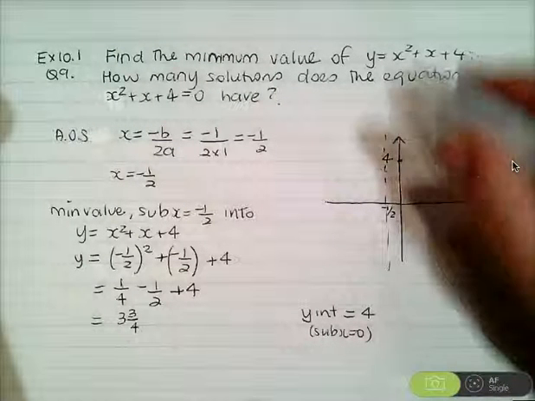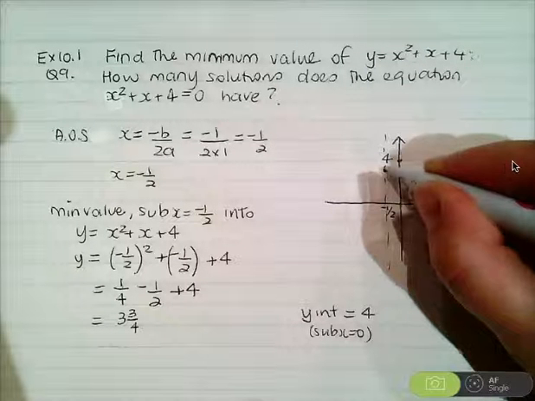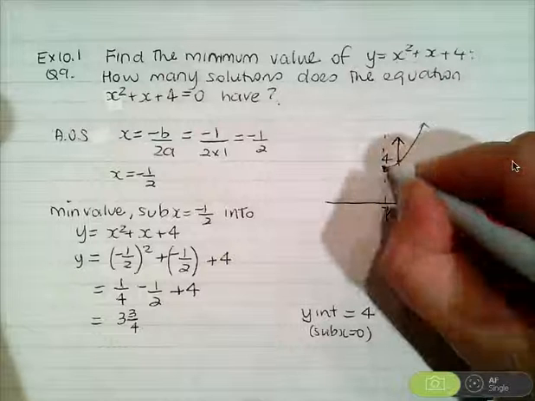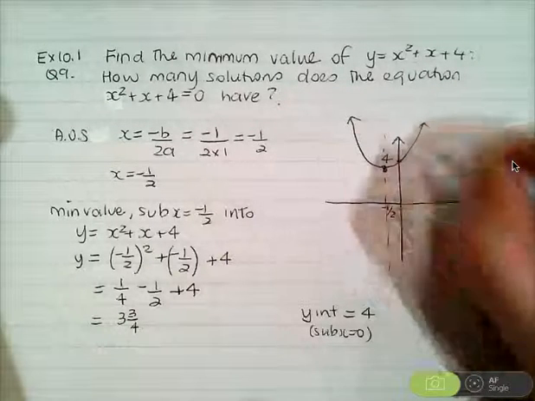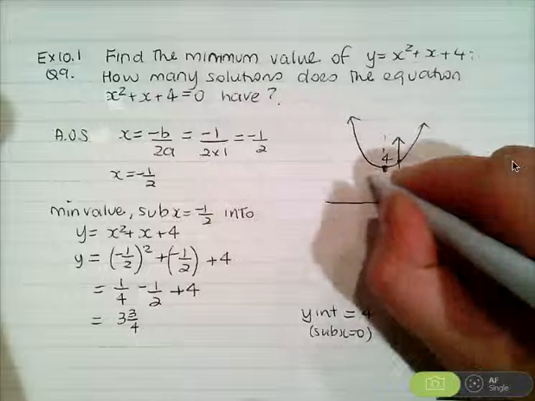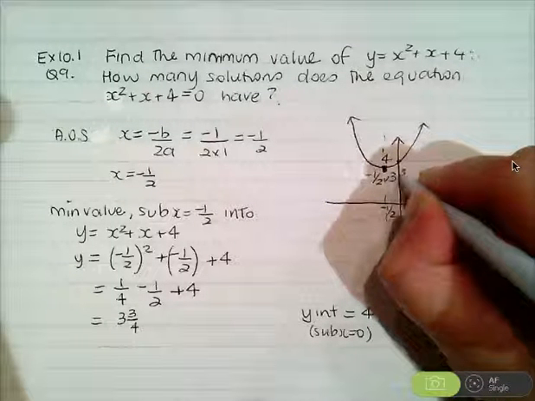Now, if it's a concave up parabola and the minimum value is about 3 3/4, it's going to look like this, because it's got to be concave up. The axis of symmetry is on the line x equals negative a half, and the minimum value is 3 3/4.